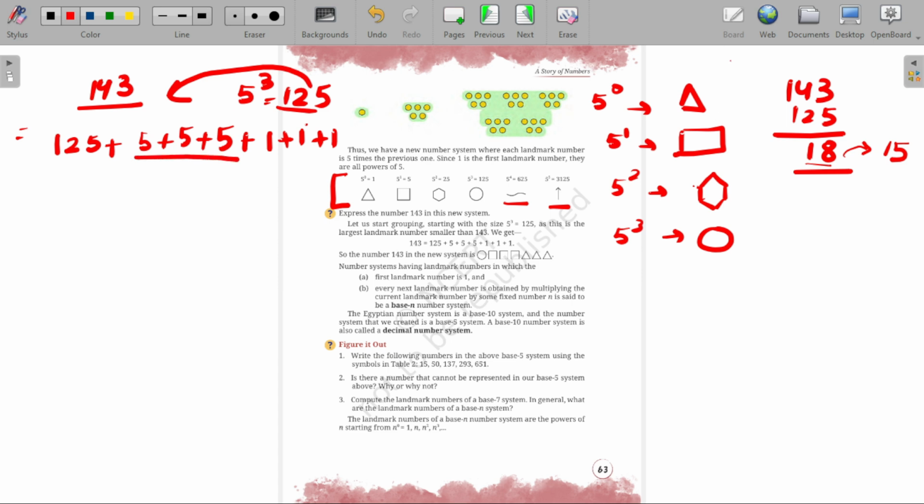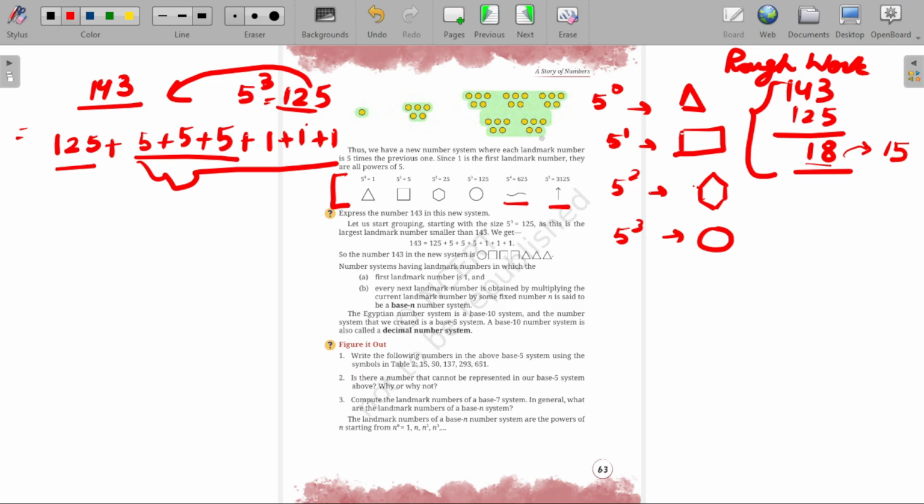This is our rough work, keep this in your mind. It is a trick to identify how much is required for the highest power of 5.